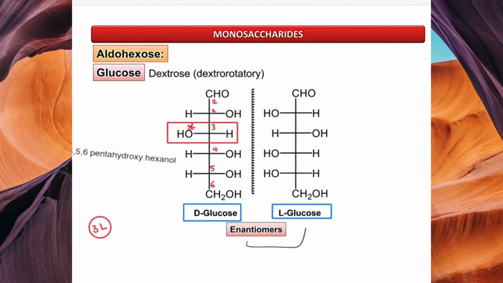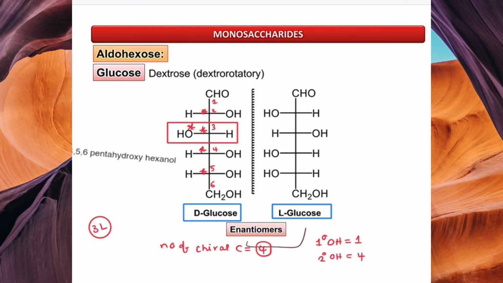In D-glucose, the number of chiral carbons is four. You can check: this is one, second, third, and fourth. We have only one primary alcoholic group and a total of four secondary alcoholic groups.